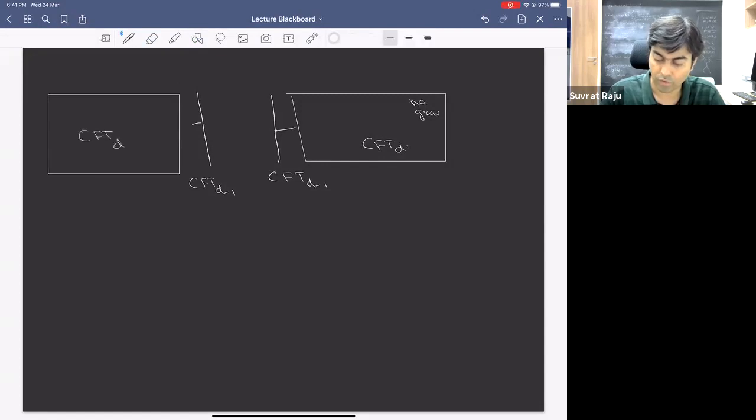Okay, so let's call this system the left system, and let's call this system the right system. So the left and the right systems are entangled but not interacting.